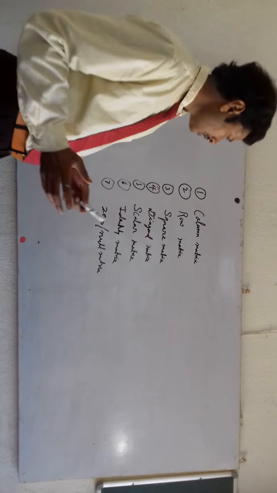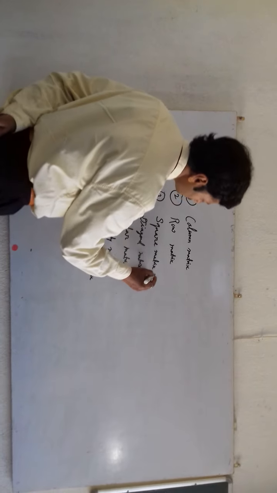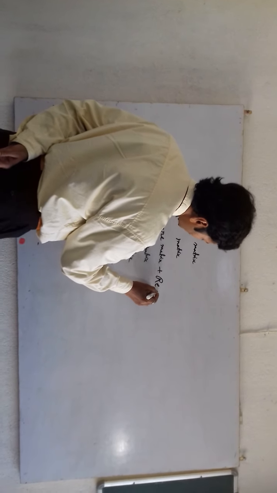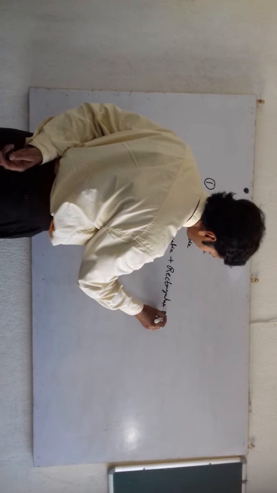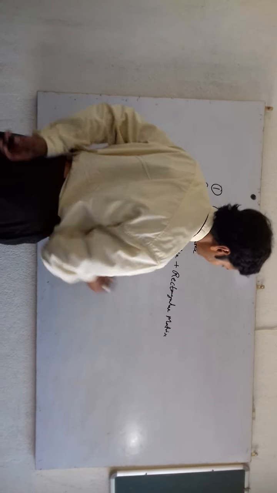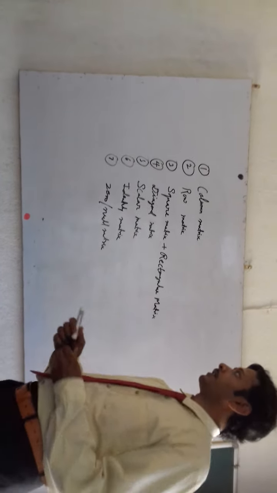One additional matrix can be used, the rectangular matrix. Now let's know all the types of matrix in detail.